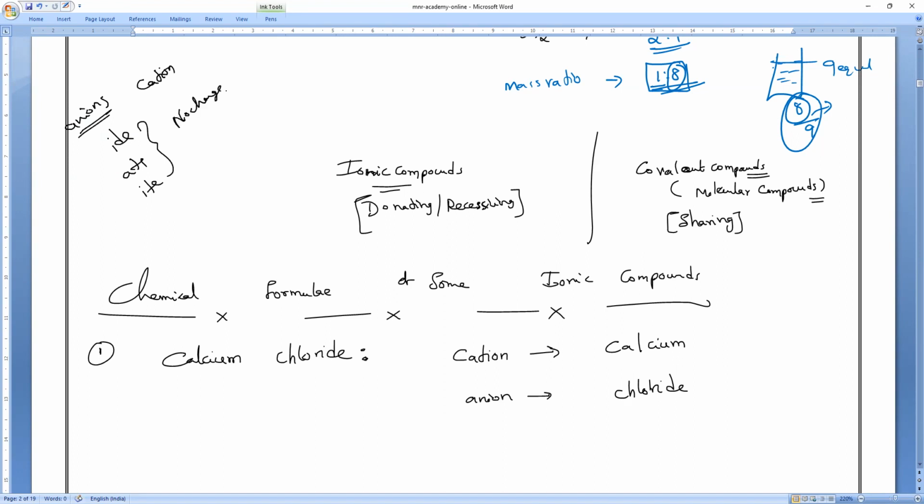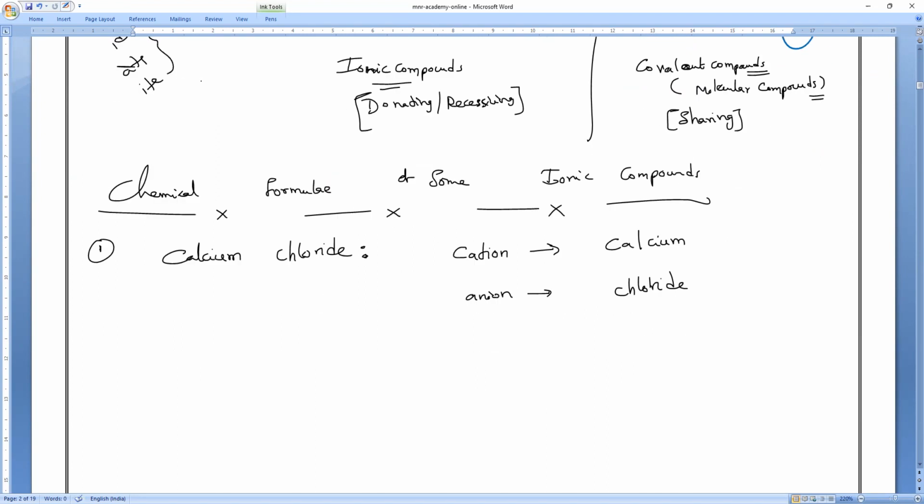So what is the valency of calcium? Calcium ion, cation, Ca2 plus. Chloride ion, Cl minus.